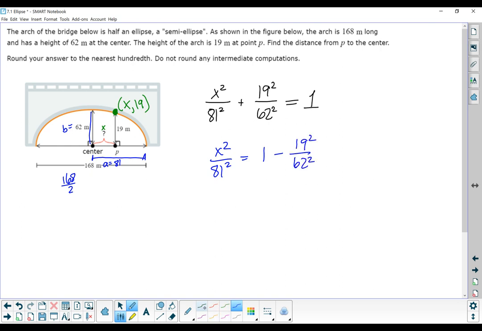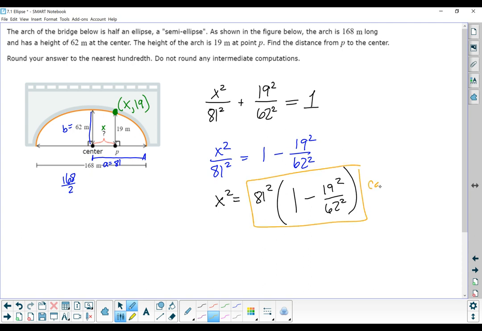Now we're going to multiply by 81 squared. We'll type that into our calculator. And when you calculate that, you get 5,944.8394, and so on. And then you're going to take the square root.